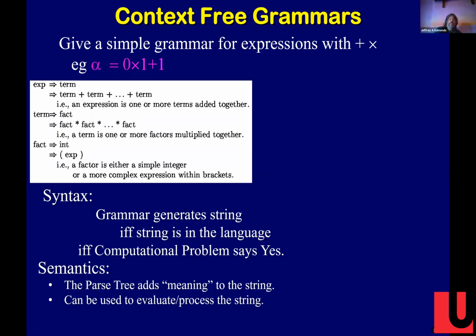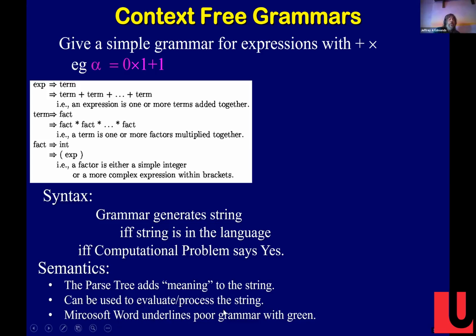All right? And what do you do with this parse tree? Well, you can use it for lots of reasons. It can help you know whether it is a proper string. You can use it to evaluate the string, or to write a compiler from Java into machine code. There's lots of things you can do, right?